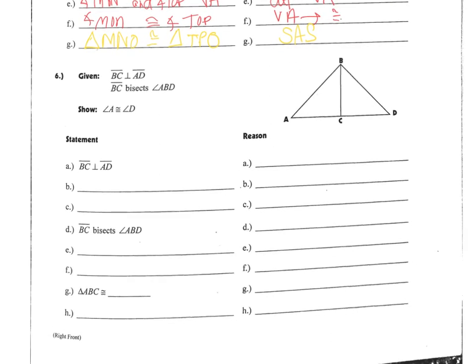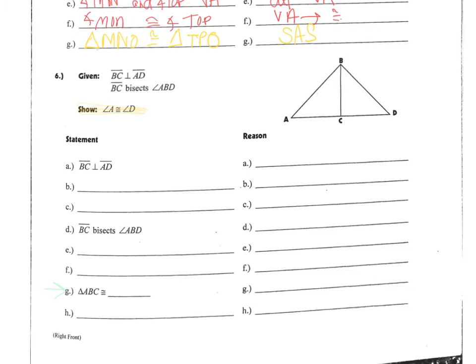All right, if I look at the next one, we are trying to prove with this. I first take a look at that, and I can see that I'm trying to show that I have an angle congruent to another angle, which tells me that I need to look down, and I can see that I'm going to need to get these two triangles to be congruent.